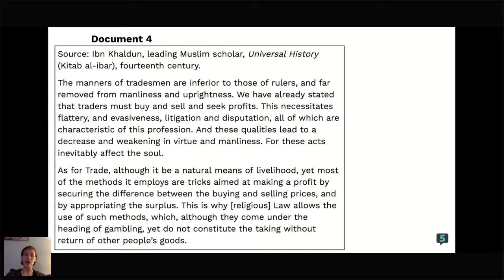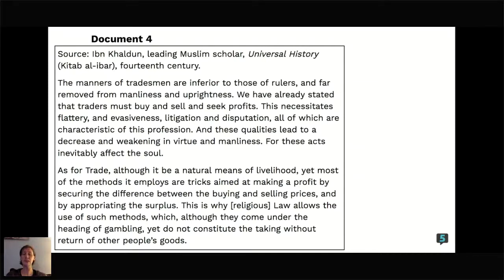As for trade, although it be a natural means of livelihood, yet most of the methods it employs are tricks, aimed at making a profit by securing the difference between the buying and selling prices, and by appropriating the surplus. This is why religious law allows the use of such methods, which, although they come under the heading of gambling, yet do not constitute the taking without return of other people's goods."